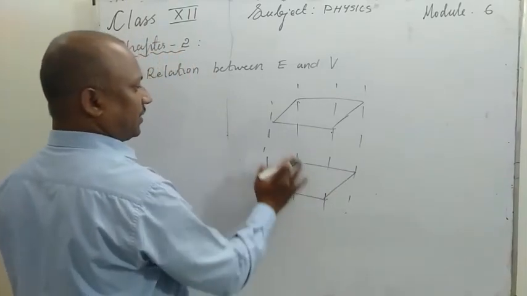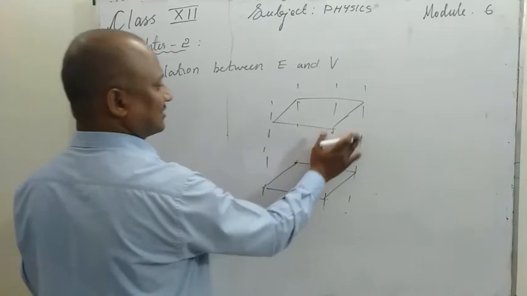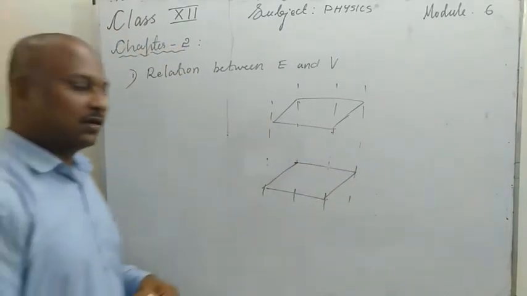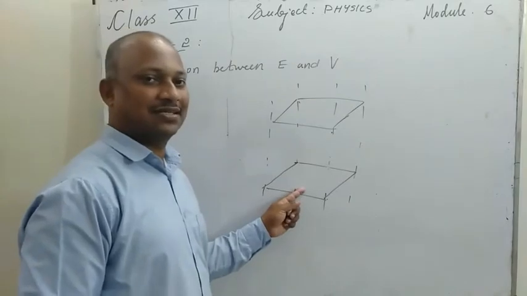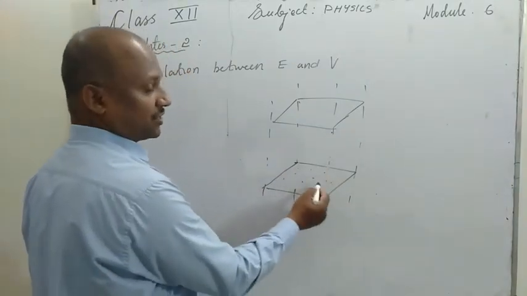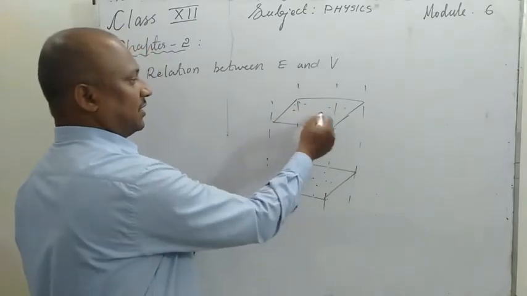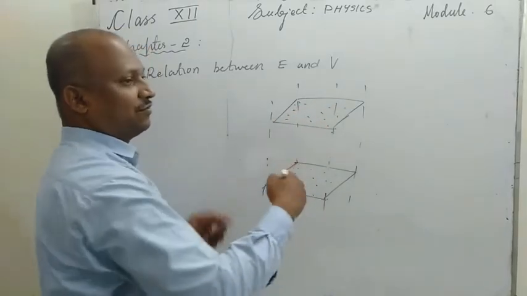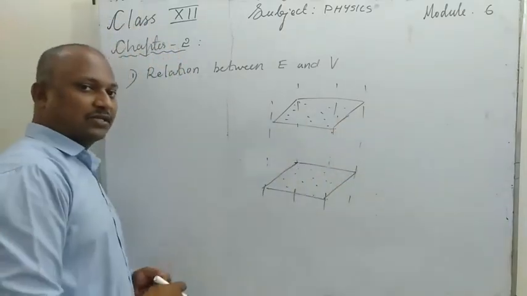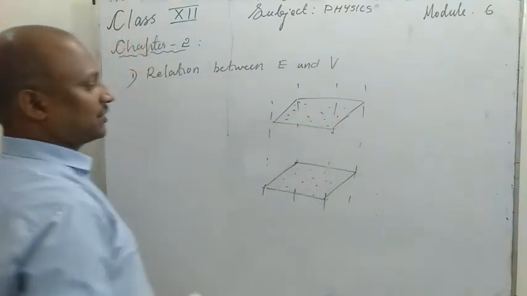Suppose this is a surface at which every point has 5 volt potential. Suppose this is a surface at which every point has 4 volt, 4.5 volt, 4.3 volt, whatever, but every point has the same potential. So 2 different equipotential surfaces.